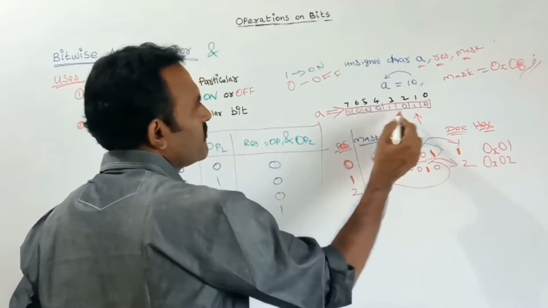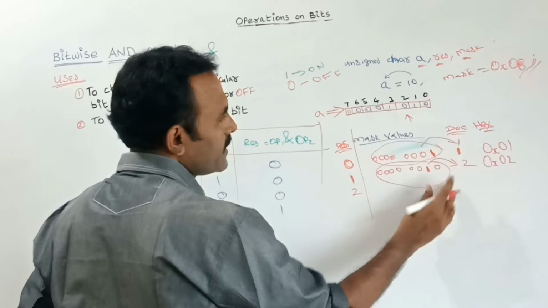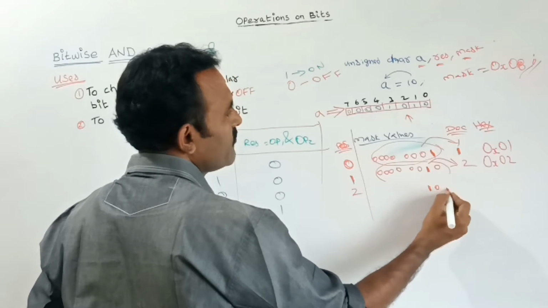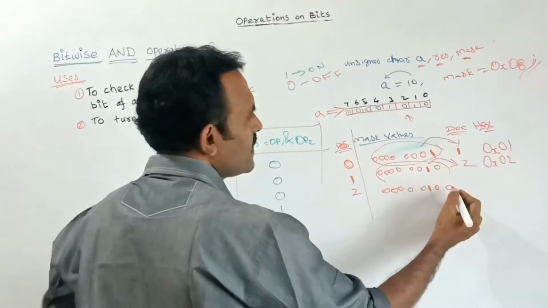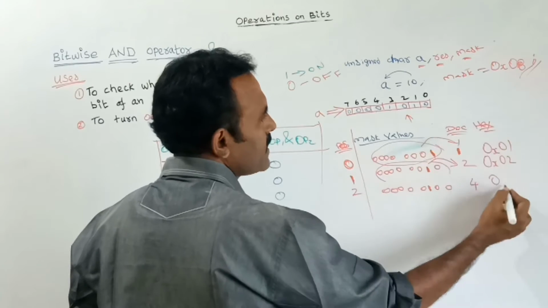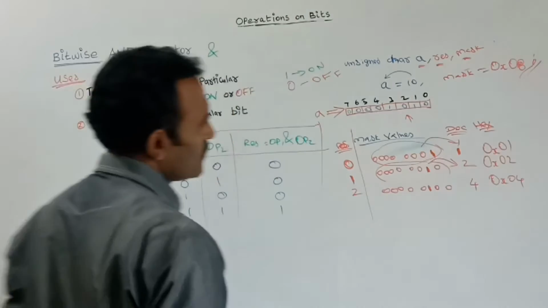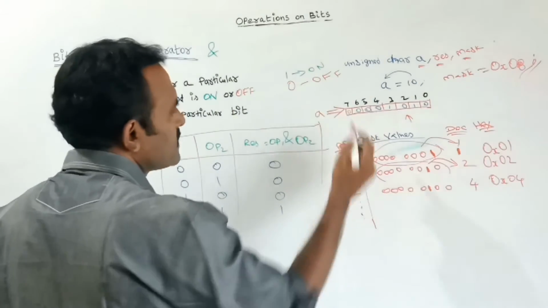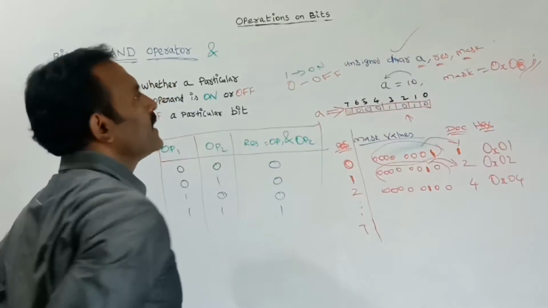Next, if I want to find the second position, then at the second position we should put 1, and remaining every position value you should put as 0. What is the decimal value here? Decimal value is 4, otherwise the hexadecimal value we can give as 0x04. In the same way, the seventh position is the last for this unsigned character.